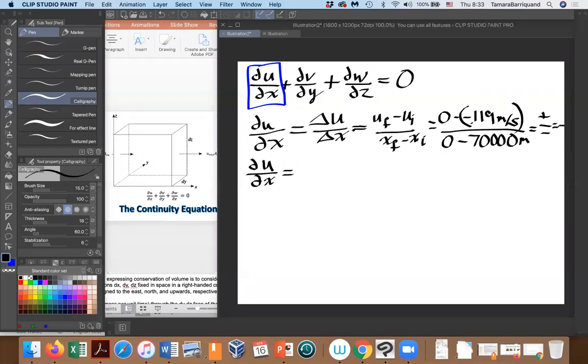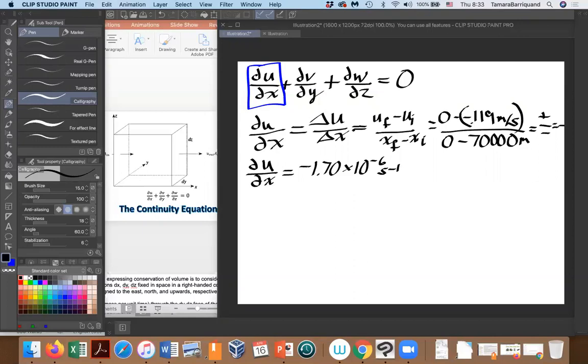If I put that into my calculator, I'm going to have positive 0.119 meters per second over a negative 70,000 meters, and I end up with negative 1.70 times 10 to the minus 6th. And see, we have meters per second over meters. The meters cancel, so the units of this will be per second.